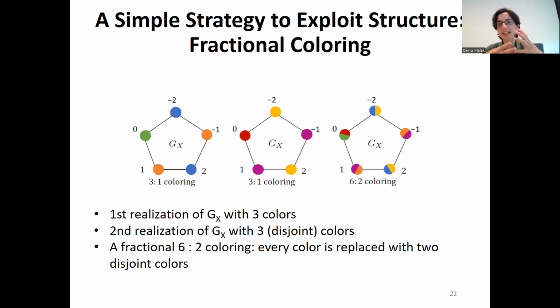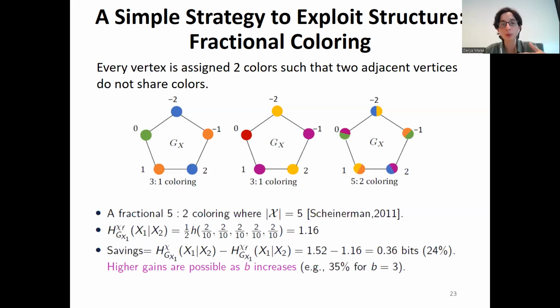Of course, this is not the most efficient way to color this graph, because every time I use 3 disjoint colors, there is no overlap across these graphs. My idea was that there could be some overlaps in the colors we are using.